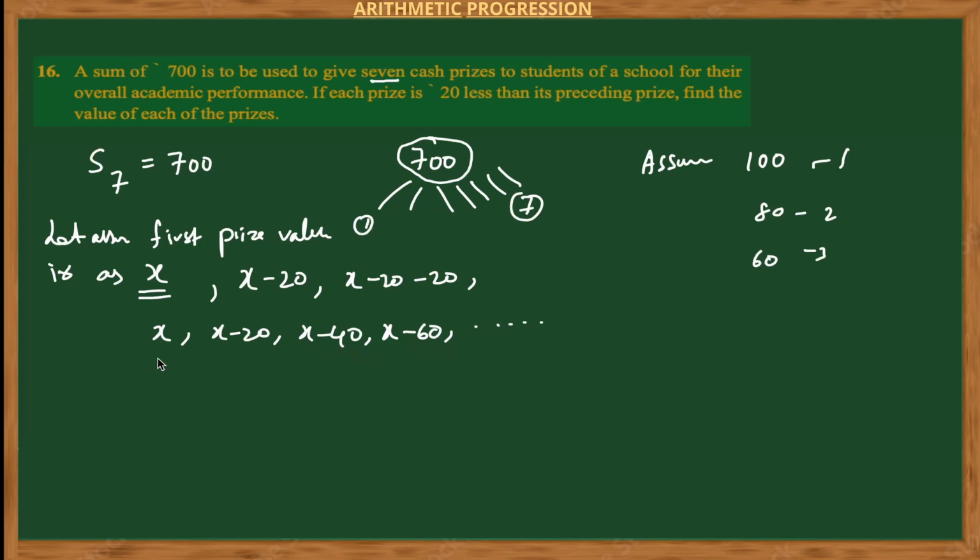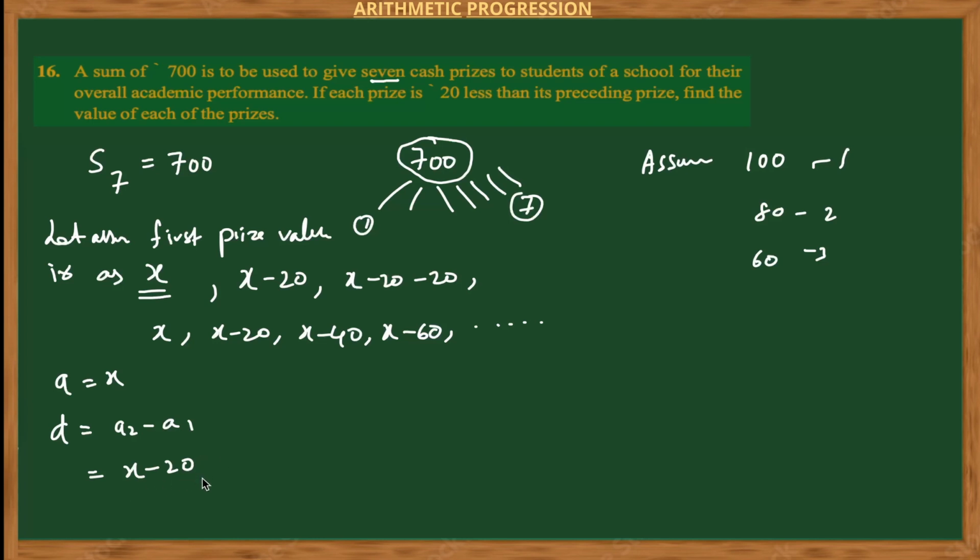With this, we know the values here. So a is equal to x here. Do we know the difference? Yes, we can find it. The difference is a2 minus a1. What is a2 here? x minus 20.